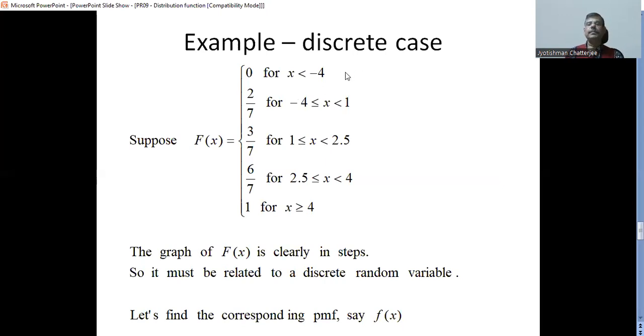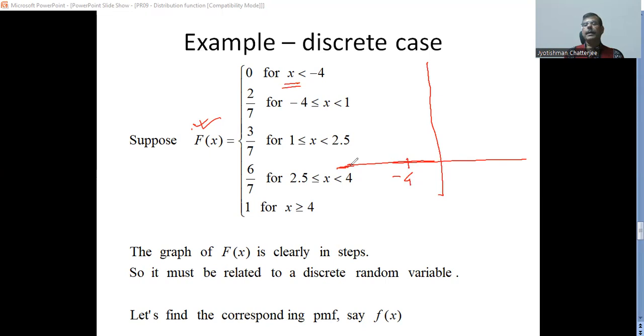Let's see here. It's a discrete case, we know, but nevertheless, we should be able to identify. Suppose F(x) is given by this form. Let's try to draw the graph of the function capital F. Here is -4. For x less than -4, the graph comes along the x-axis.